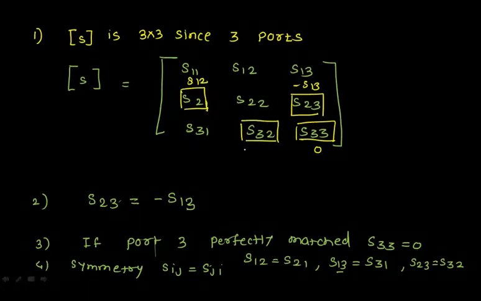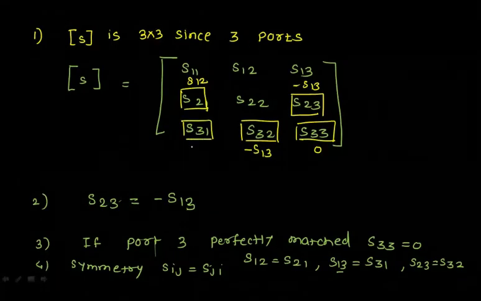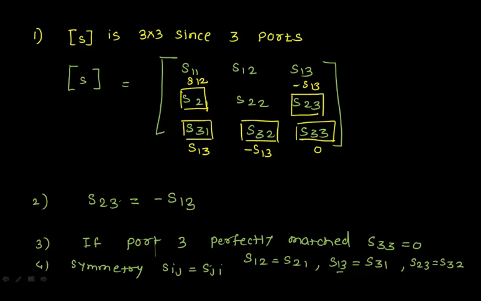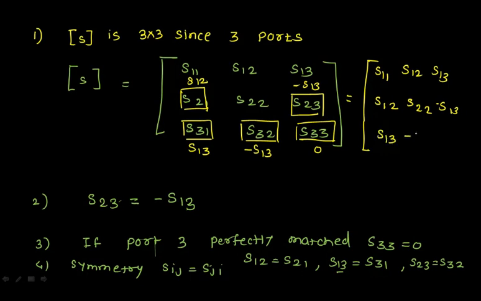So I'll just replace it with S13. Again, because of the symmetry property, I can replace it with S13. So again, rewriting the same matrix, I'll get new things like this: S11, S12, S13, S12, S22, S13, and this will be minus S13, and this will be 0.